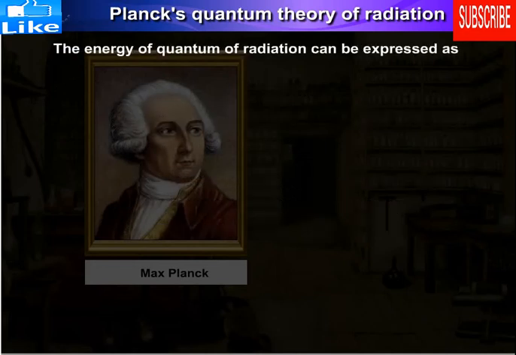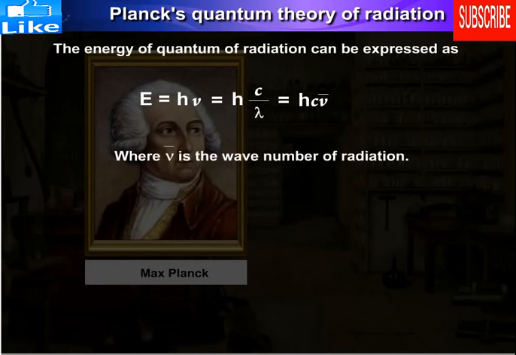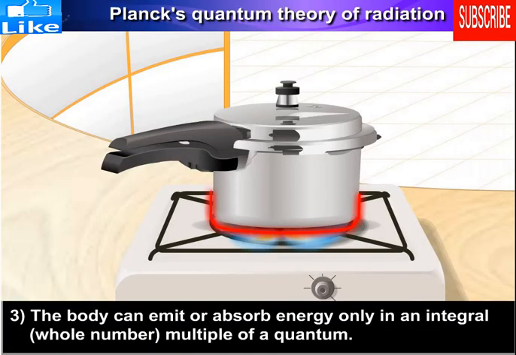The energy of a quantum of radiation can be expressed as E = hν = hc/λ = hcν̄, where ν̄ is the wave number of radiation. 3.